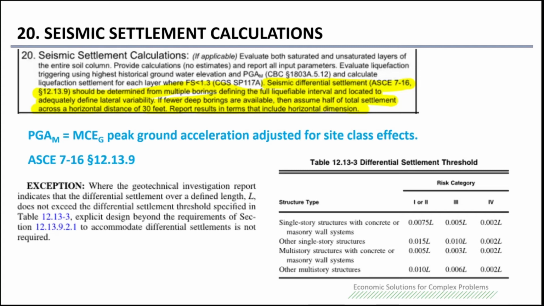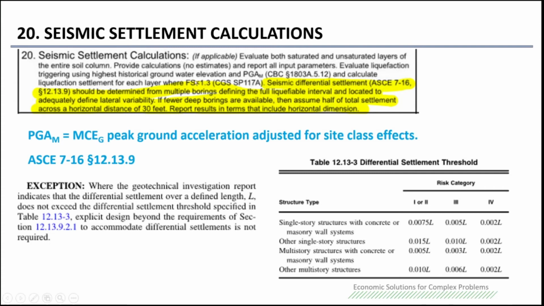Item 4B is for risk category 4. If you look at the equation, it's very simple: 0.002 times L. That's the threshold for the differential settlement.